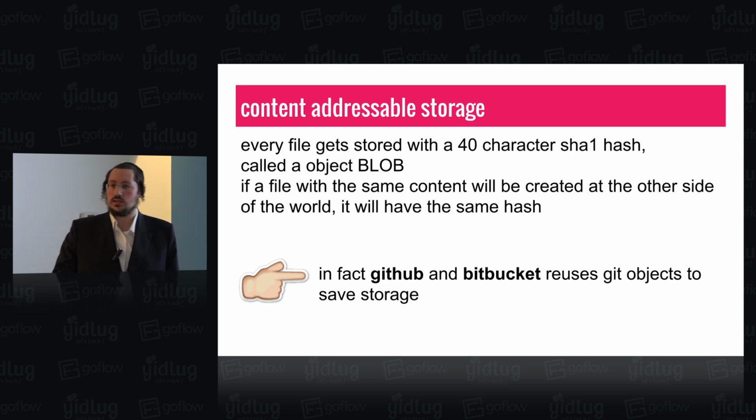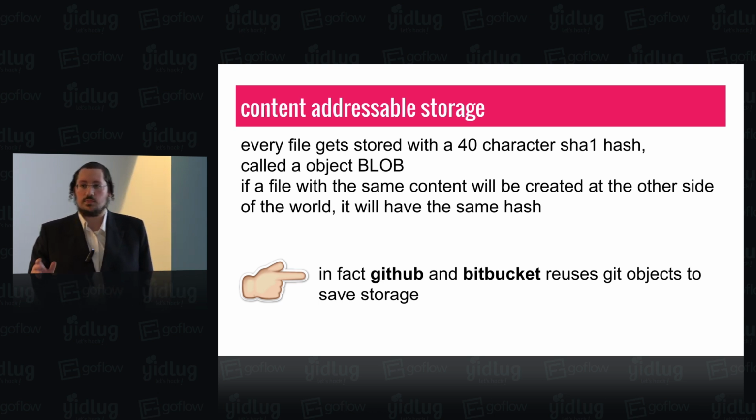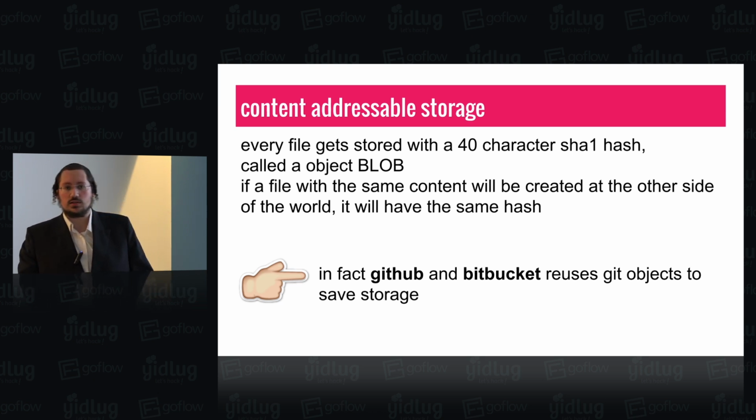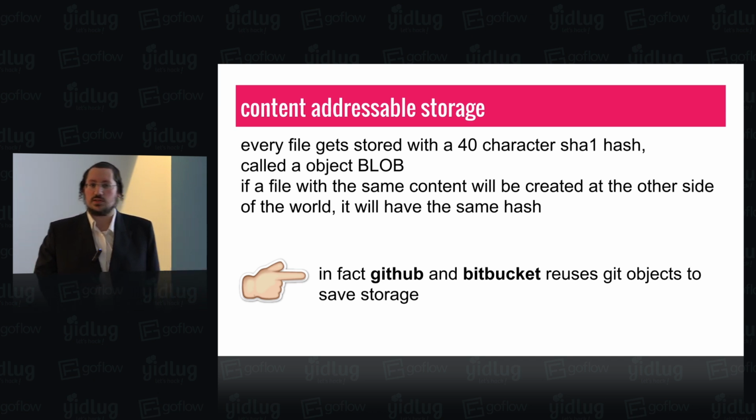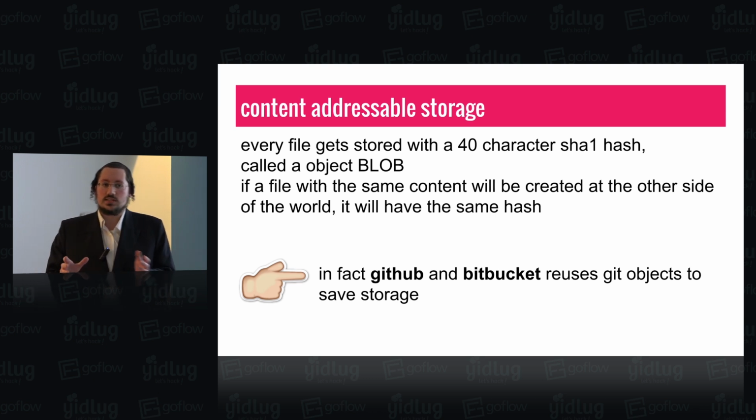And it's even more than that: Bitbucket and GitHub reuse hashes even across other projects. For example, you have a project that has jQuery inside, and you have another project from a different location, let's say in China, that also uses jQuery, and both use the same file.